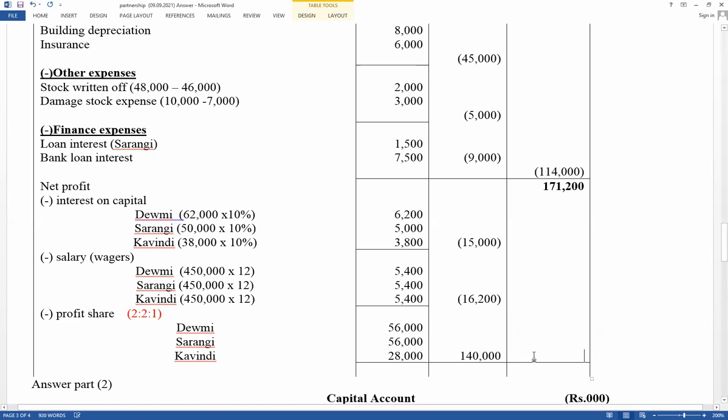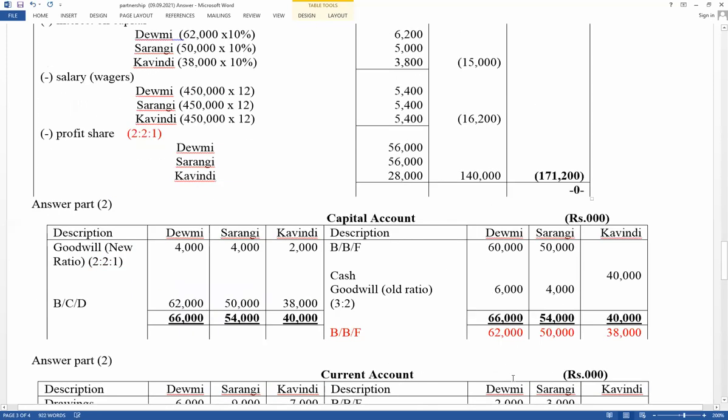Total appropriation part equals net profit. Here it will be equal to 171,200, and closing balance should be 0. Then the profit appropriation part should also be recorded on the current account credit side. Partners' current accounts credit side: 56,000, 56,000 and 28,000.